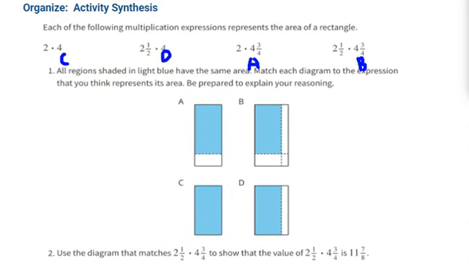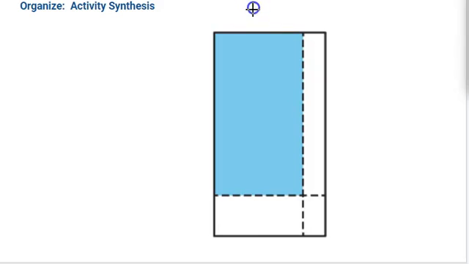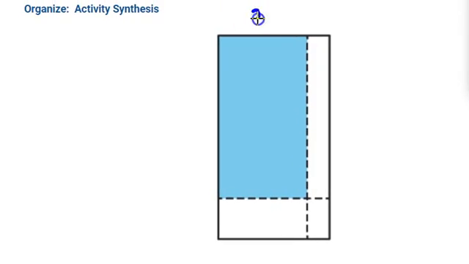Okay, so using this diagram here to help us figure out why is the value of 2 1/2 times 4 3/4 11 7/8? Well, think about this. Let me zoom this in. Okay, so we have 2 1/2 times 4 3/4.